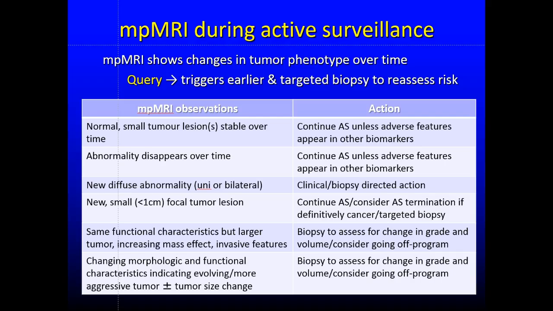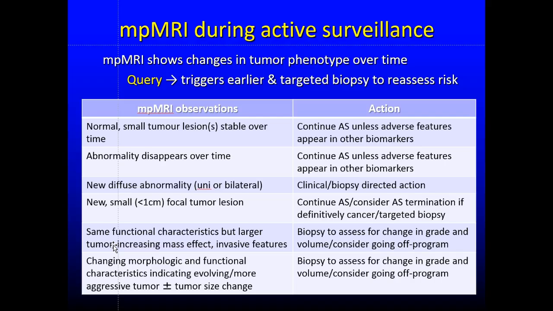disappearing over time. If you see a new lesion appear, but this lesion is diffuse, then this may be prostatitis. You should be thinking about a biopsy-directed action in this particular instance. If you see a new lesion, even if it is small, you should be careful about this.